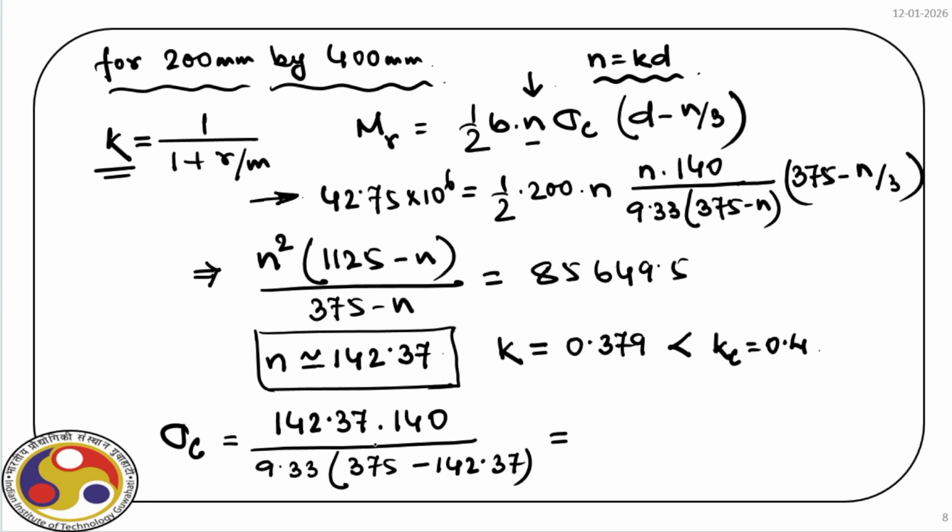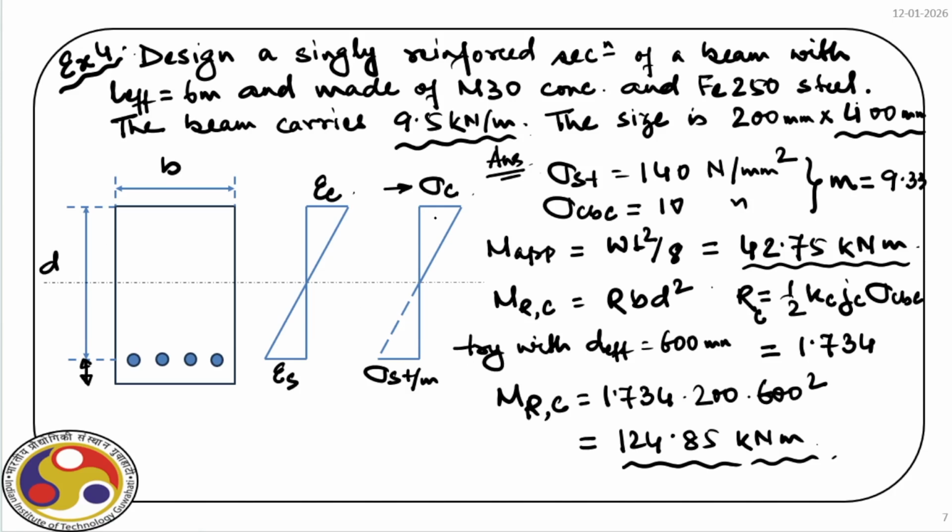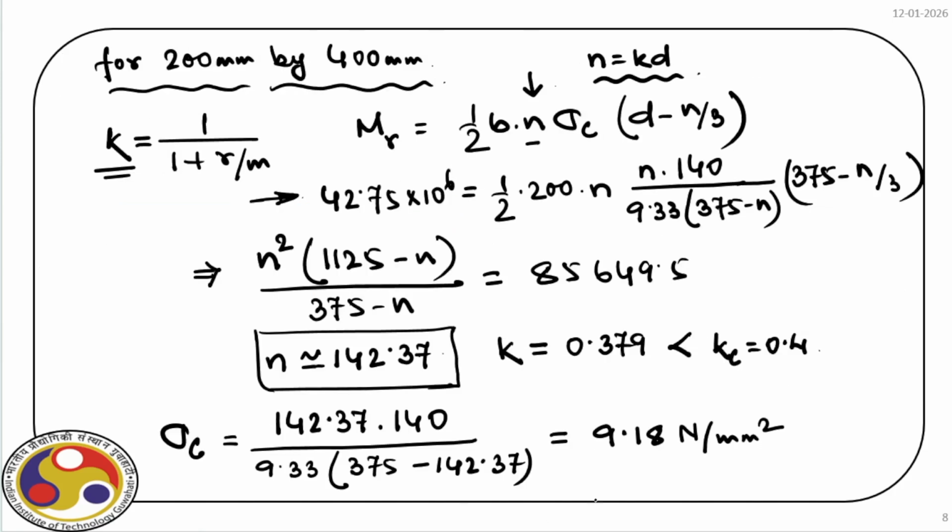This we get from the stress profile, and if you find out this value, it is 9.18 Newton per millimeter square. So we start with this stress profile, and from this we find out sigma c. Now we have sigma c, and we can calculate what is AST.